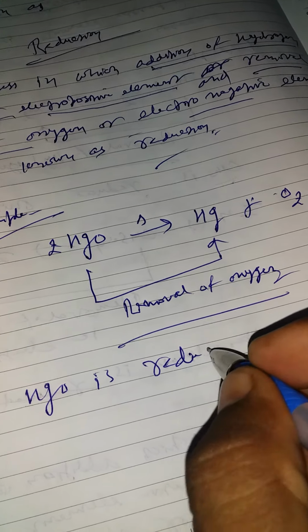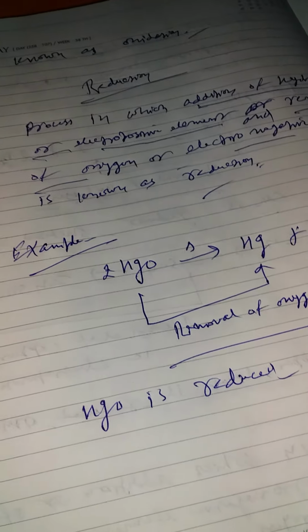Here we see that HgO converts into Hg, that means removal of oxygen. Removal of oxygen means reduction, so HgO is reduced.